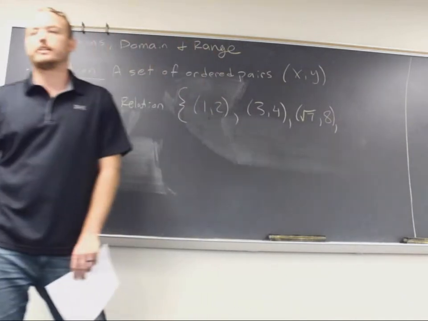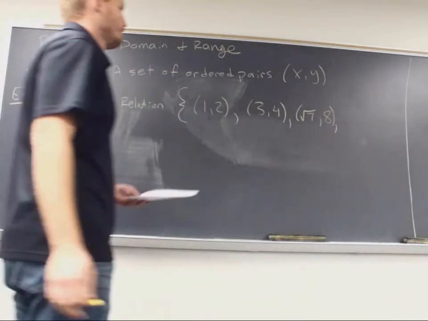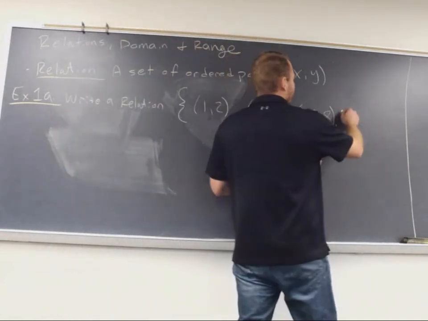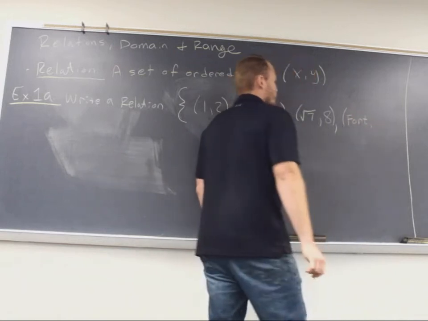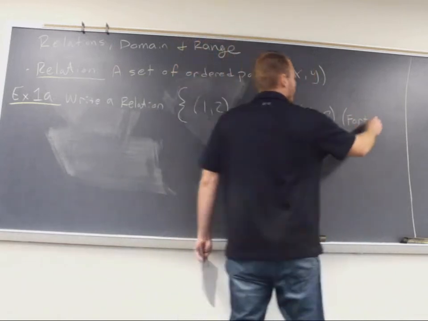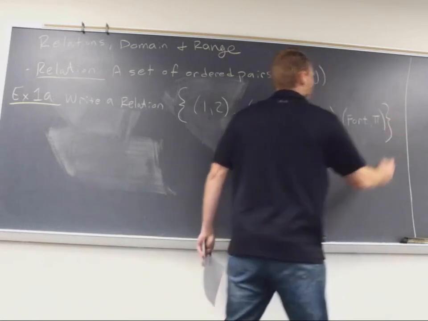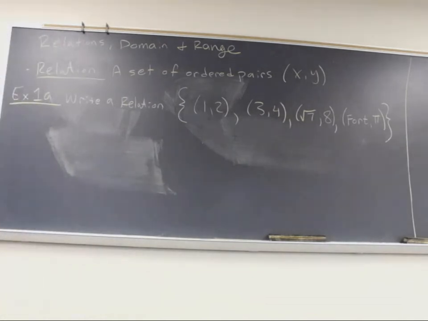And in fact, they don't even have to be numbers. They could be names or weight, or they can be anything. So let's say my last name, Fort, and High. And then we close it with a squiggly bracket. So this represents my relation. All right.